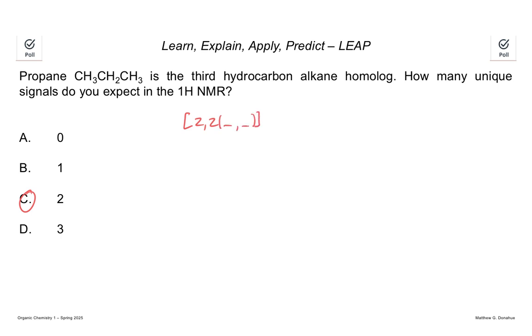So there's 2 carbons, 2 unique sets of hydrogen. And then what is the ratio of those signals? So 6 to 2. So the methyl groups are the same. That's your 6, and then you have your methylene, that's the 2.